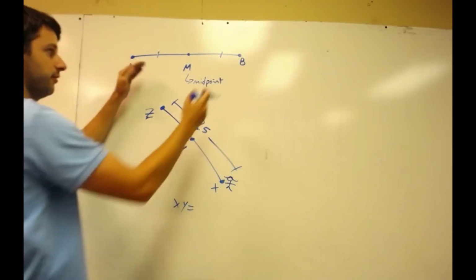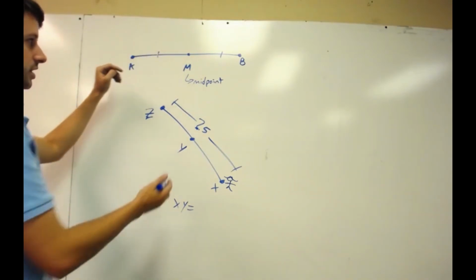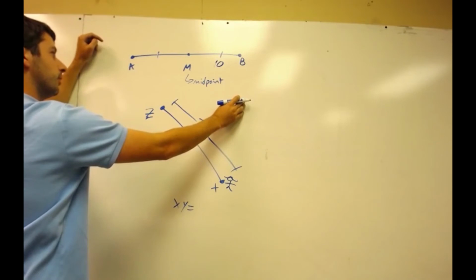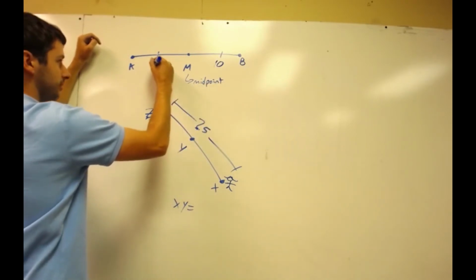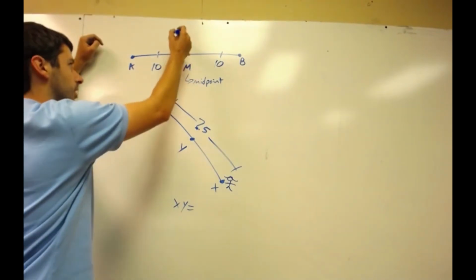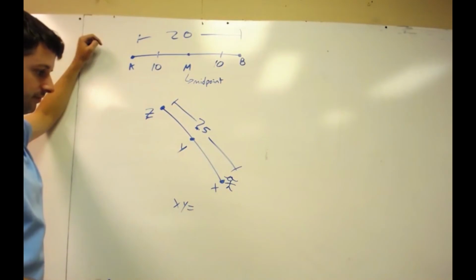So therefore, this point in the middle is called our midpoint. So if MB was 10, we would automatically know that AM is 10 because M is halfway, and we would know that the total is 20. So that's midpoint.